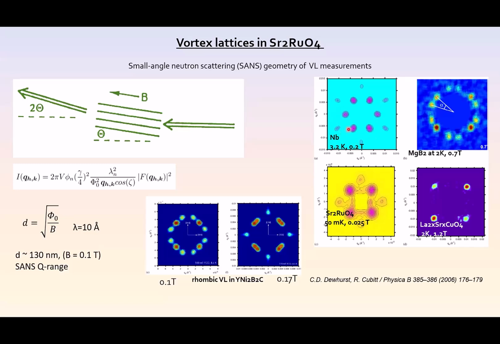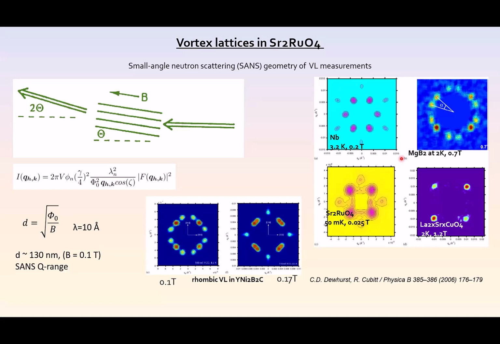You see 6 spots, and this is the next order. Then magnesium diboride. These are all examples which were measured at a reactor in Grenoble, as examples of how you can use small angle neutron scattering for studying superconductivity on different compounds.